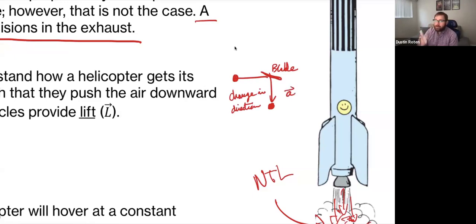And we know if an acceleration exists, a force has to cause it. Okay, so there is the action force, and then the reaction force would simply be, well, the blade would apply the action force, knocking the particle down, but then the particle would apply the reaction force, which is lift.